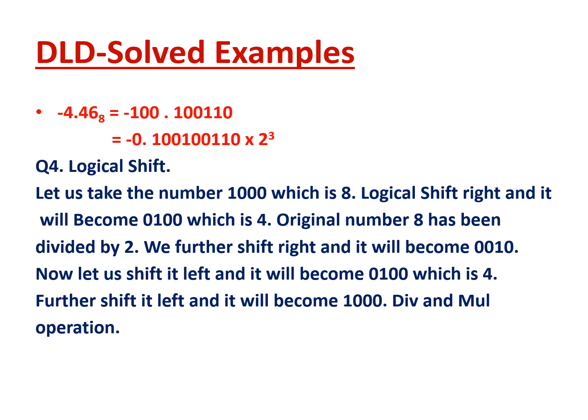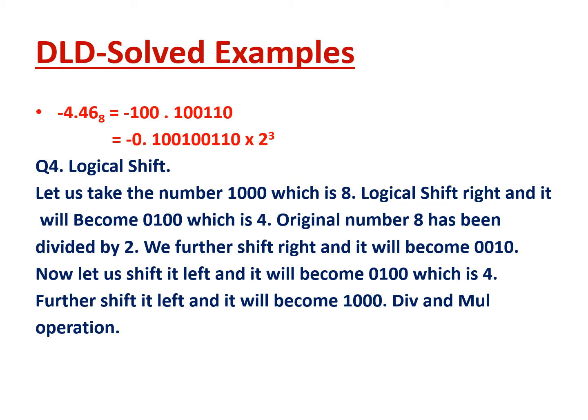Similarly, take minus 4.46 to the base 8. If you convert it to binary, it will come out to be minus 100 point, and 46 is 100110, as far as octal to binary is concerned. Now we shift the binary point, but this time 3 positions to the left.